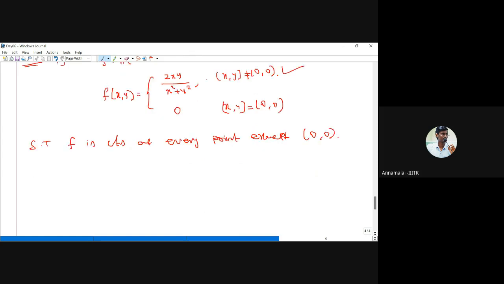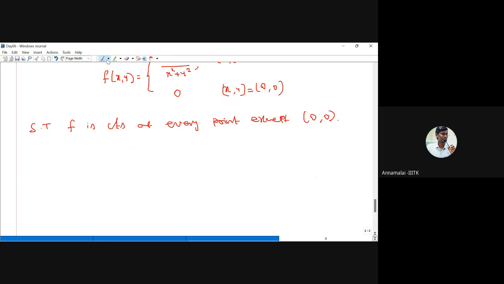If you take some arbitrary point a comma b in R2 and assume that this is non-zero, non-zero means at least one coordinate should be non-zero. Need not be both. At least one of a or b is non-zero, then the ordered pair is a non-zero element.